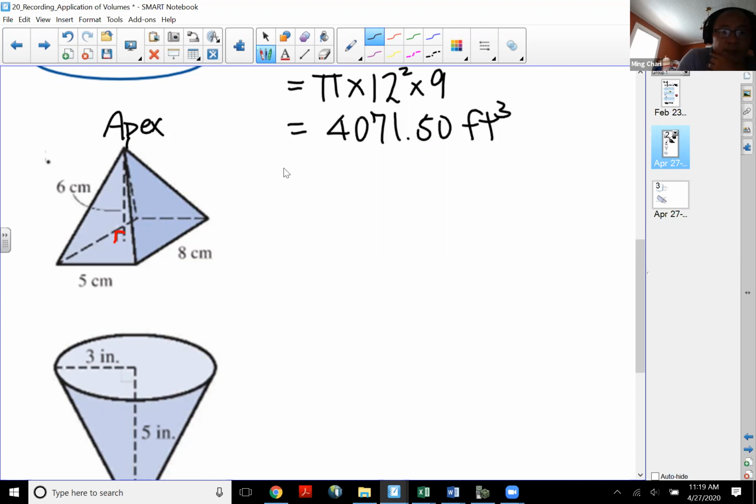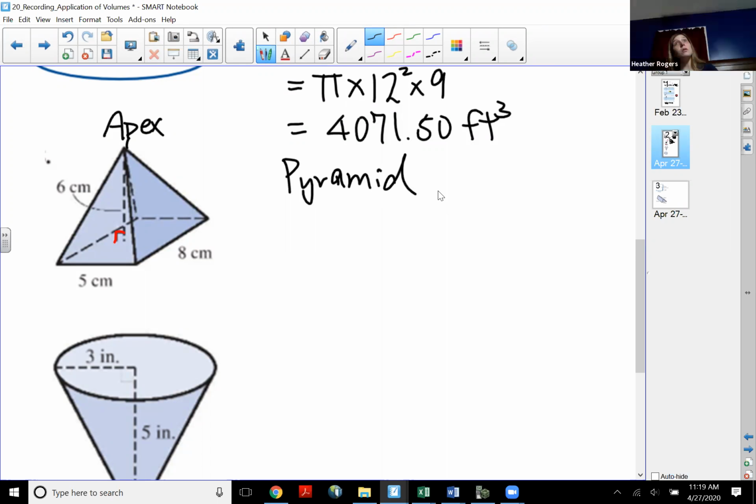So this is a pyramid. This pyramid has what kind of base? One. What shape is the base? It's a rectangle, it looks like. So this is a rectangular pyramid.